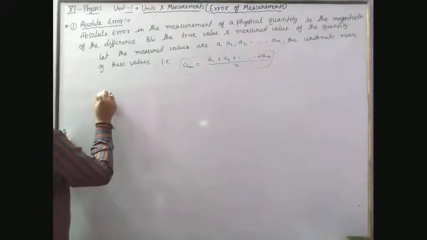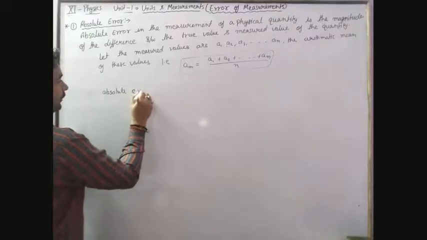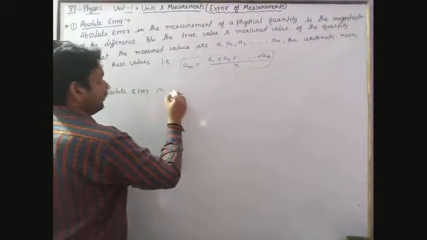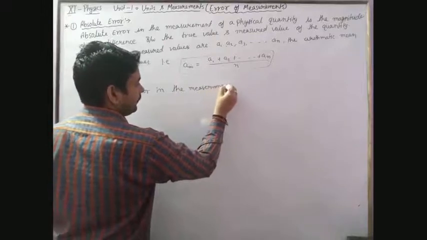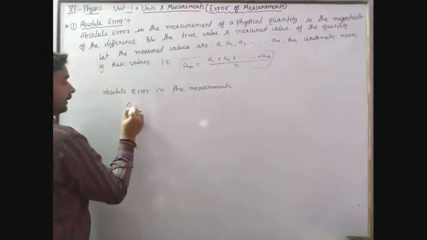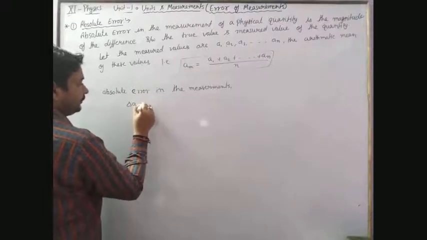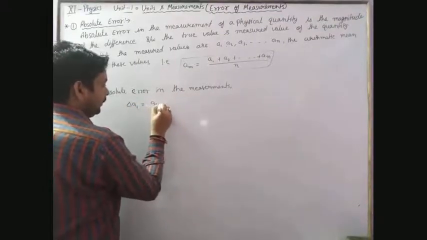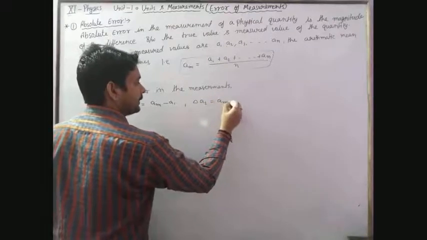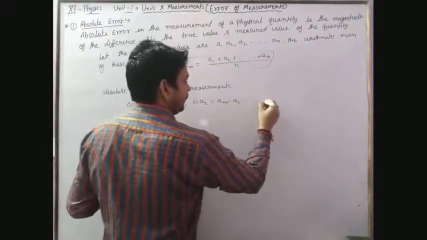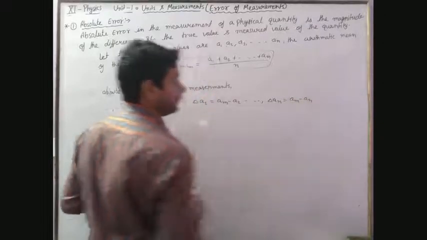Therefore, the absolute errors in the measurement are del a1 is am minus a1, del a2 is am minus a2, and similarly up to del an is am minus an.